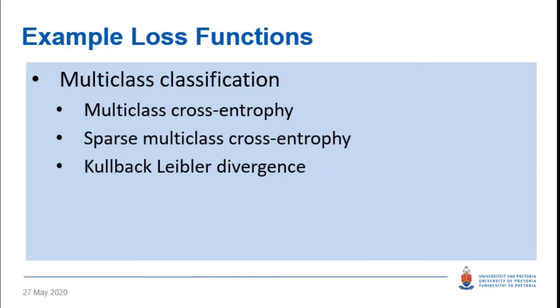And then interestingly, if you use multi-class classifiers, the binary classifier loss functions are not as effective, and for that reason there's a different set of functions, and these functions that are typically used are things like multi-class cross entropy, sparse multi-class cross entropy, Kullback-Leibler divergence, and those are the popular ones that are used.